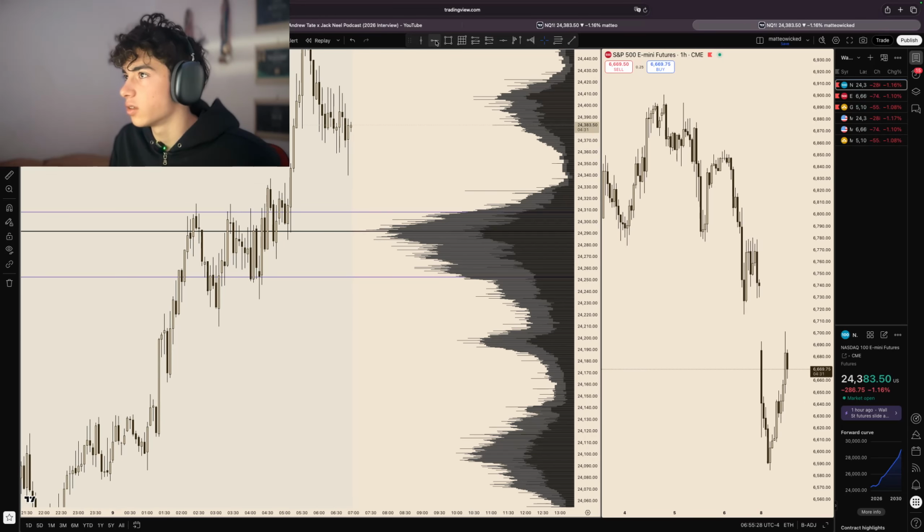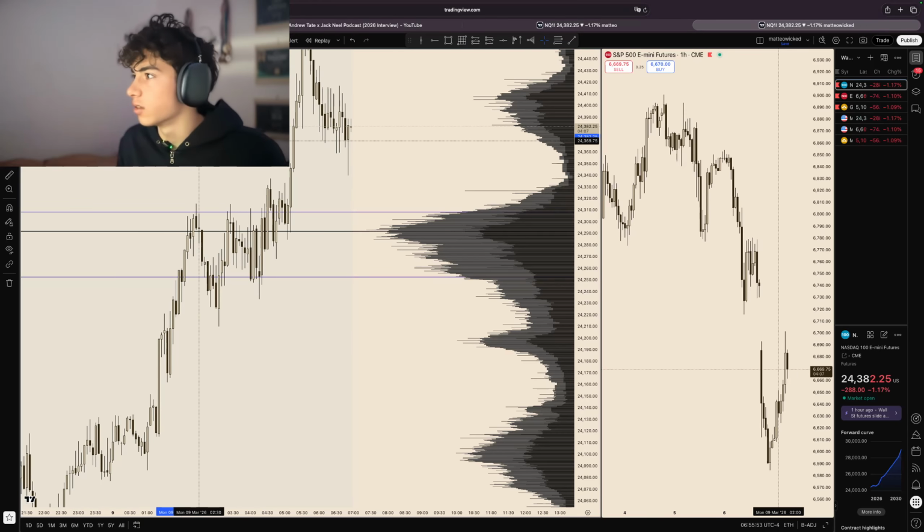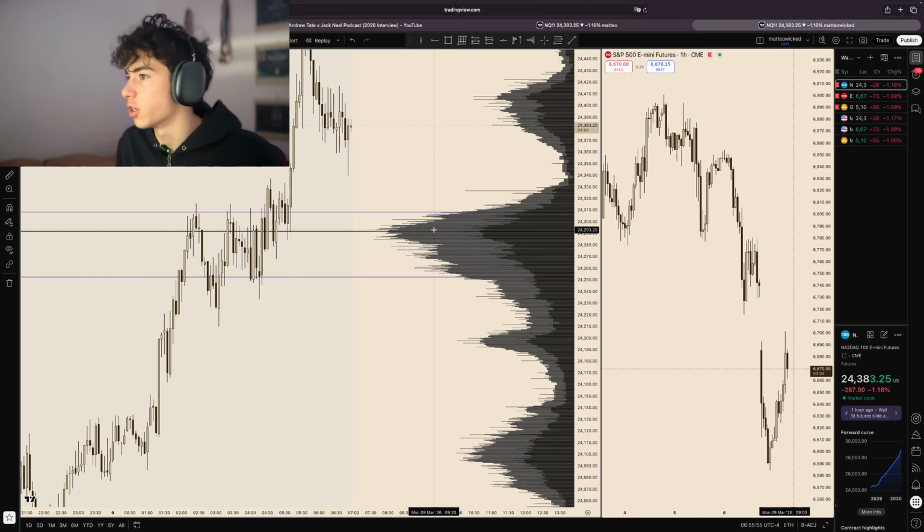The first two are the purple lines in the volume profile, as you can see, these two.